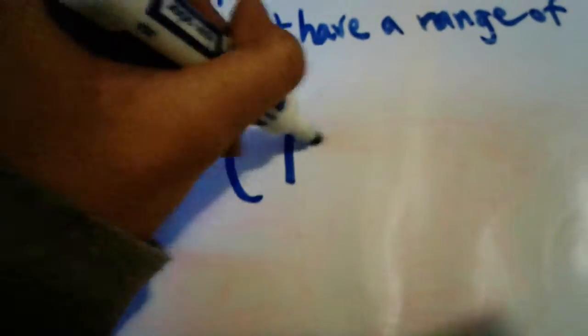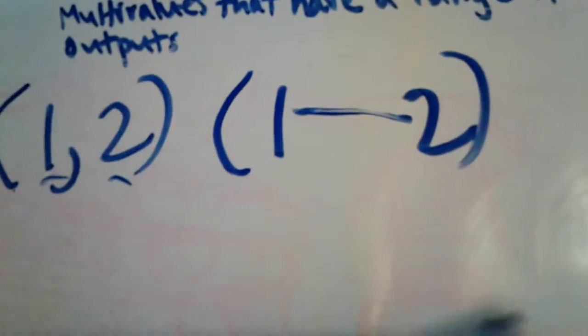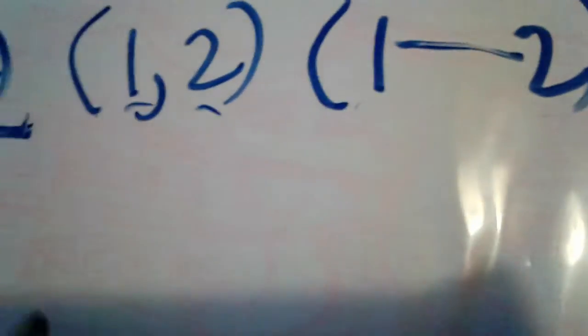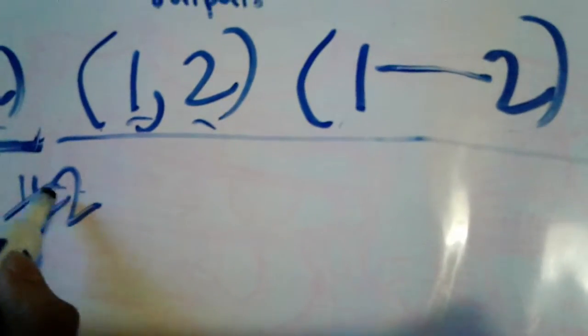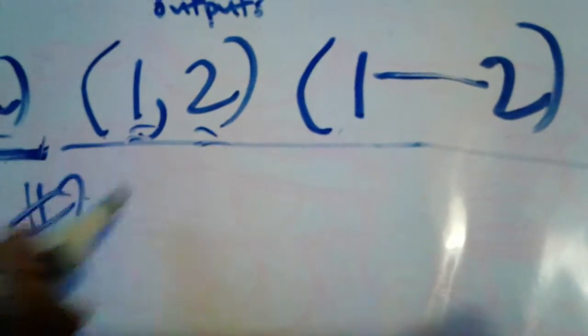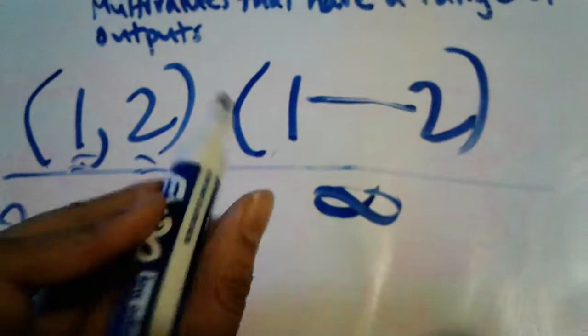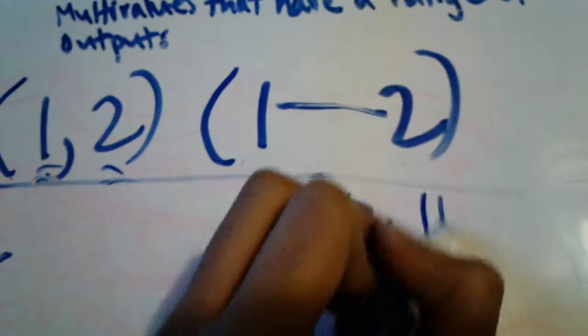But for multi-value intervals, like this, 1, 2, what do we know? If we were able to compare by the number of outputs, we have 2 in this multi-value, and then we have infinity in this value, if this is in real numbers.